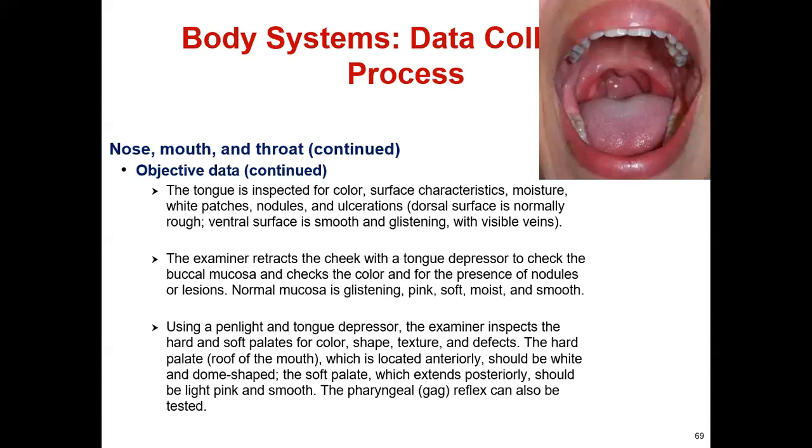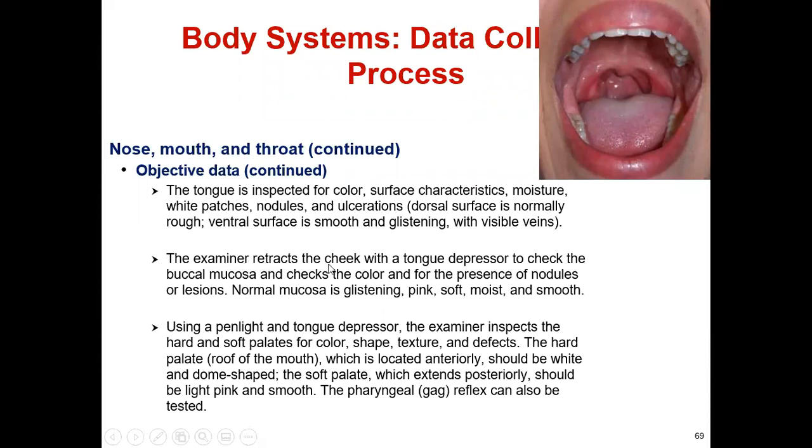Or sometimes the tongue is blackish, which is a disorder. Also check for moistness, any white patch, nodules, or ulceration. The dorsal surface is normally rough, and the ventral surface is smooth with visible veins.